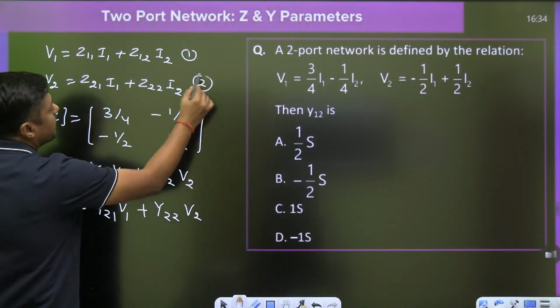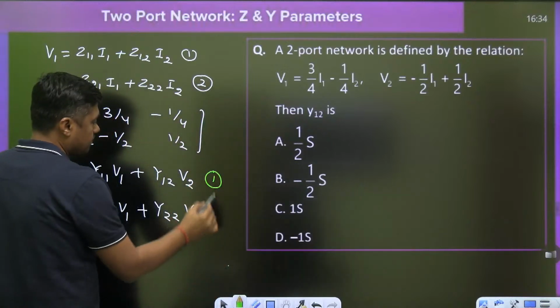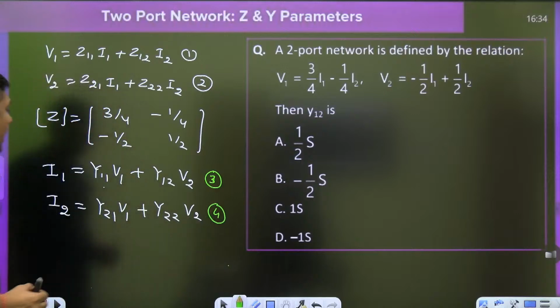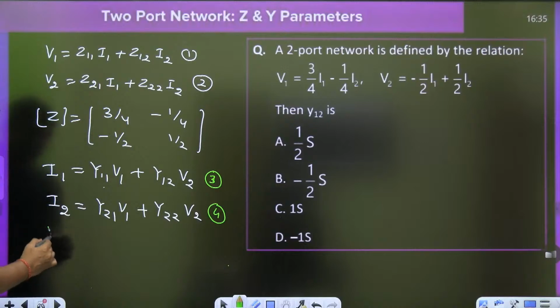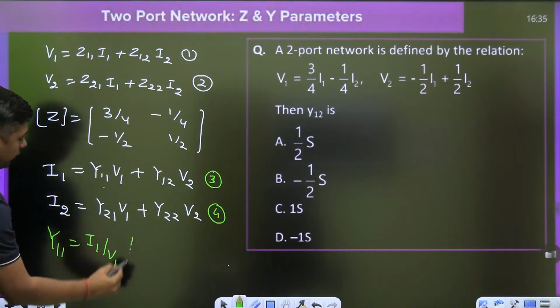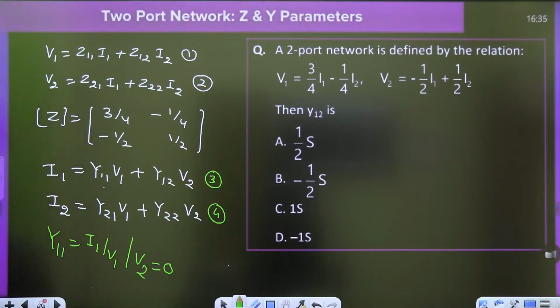So the Y parameters are, for example, y11 is I1 upon V1 with V2 is equal to 0.